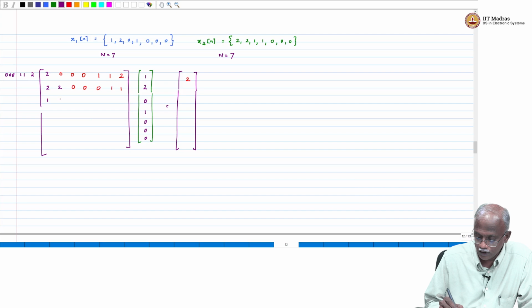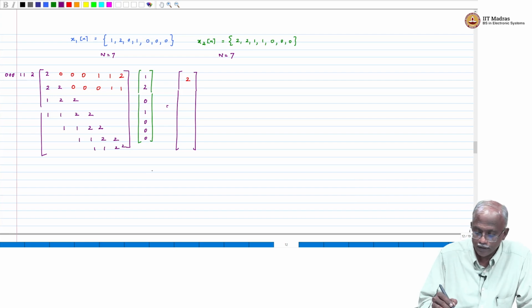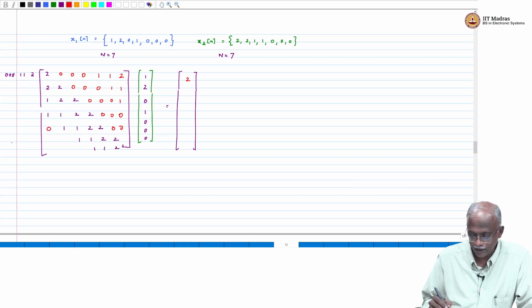This will be 1, 2, 2, 1, 1, 2, 2. Then it will be 1, 1, 2, 2, and so on for each shifted row. Whatever is left out will be 0, 0, 0, 1. This will be 0, 0, 0, 0, 0, and a 0 now comes from the next segment.